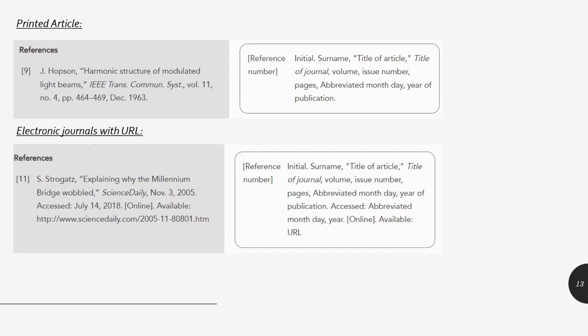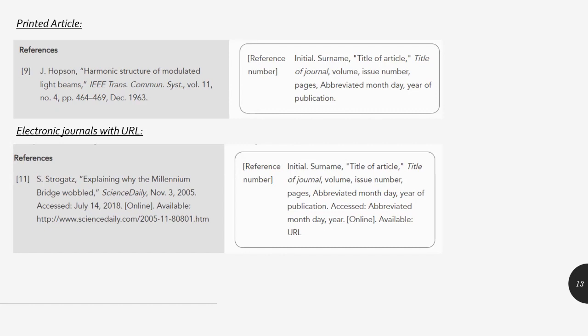You're going to have the title of the article, followed by the title of the journal, always in italics, followed by the volume, the issue number, and the pages you have used. And here, in terms of date, you have to write the abbreviated month, day, and the year of publication.